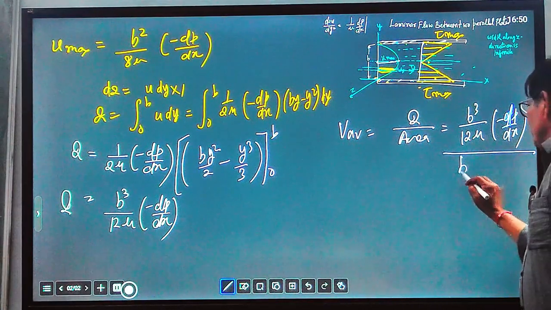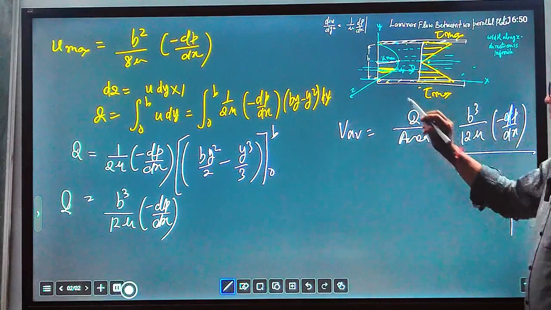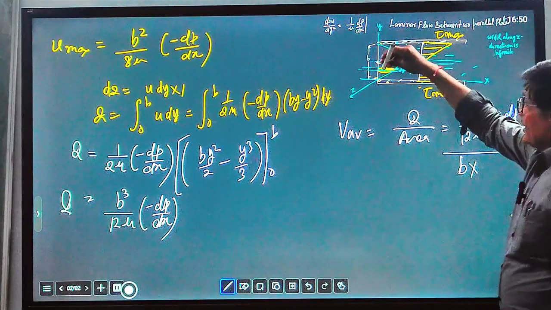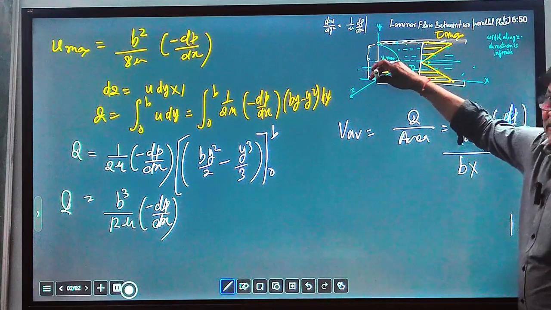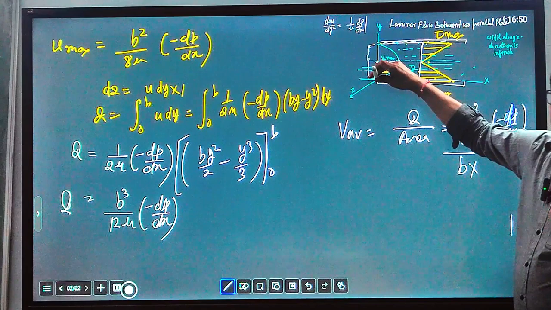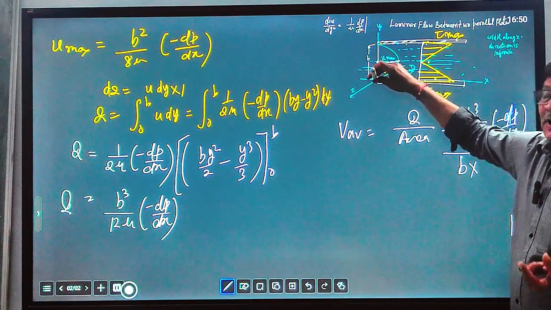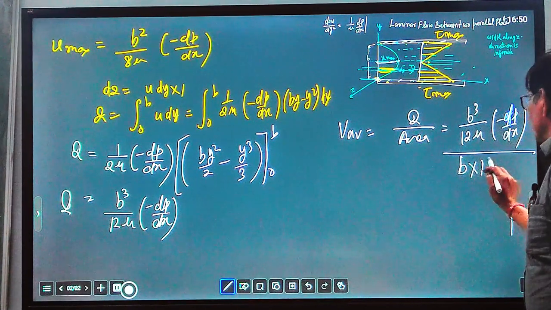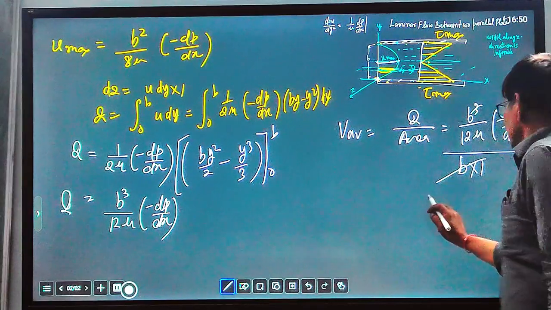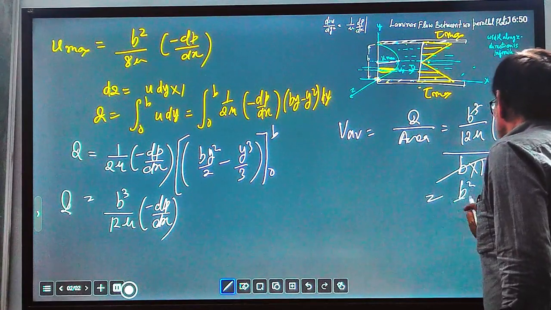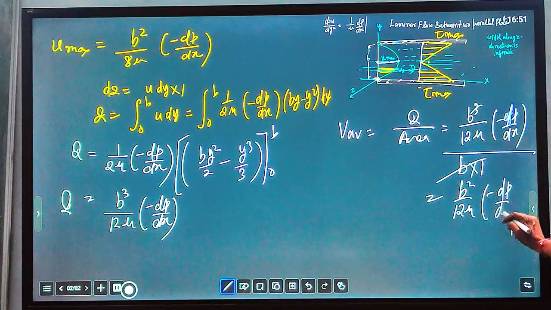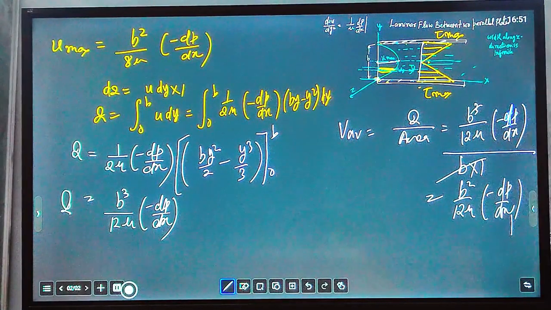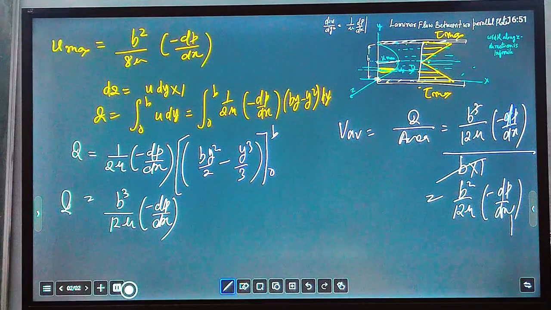Area is b into 1, because we have taken per unit width along the z direction, that is 1. So b will be replaced, and it becomes b square upon 12 mu times minus dp by dx. This is the average velocity.